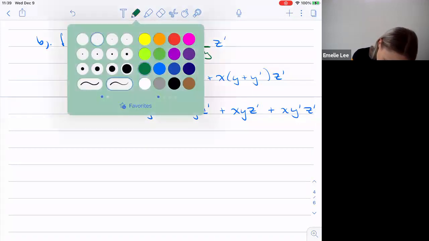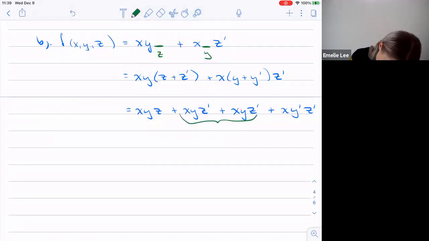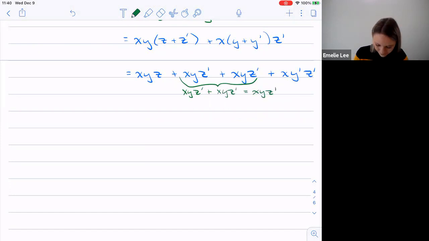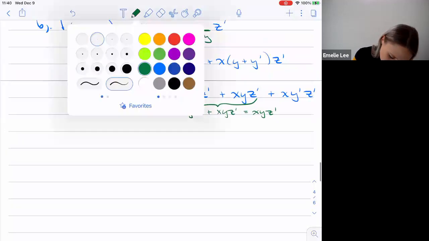Okay. XYZ prime plus XYZ prime is XYZ prime. I want to make sure that I did that. Yep, looks good.